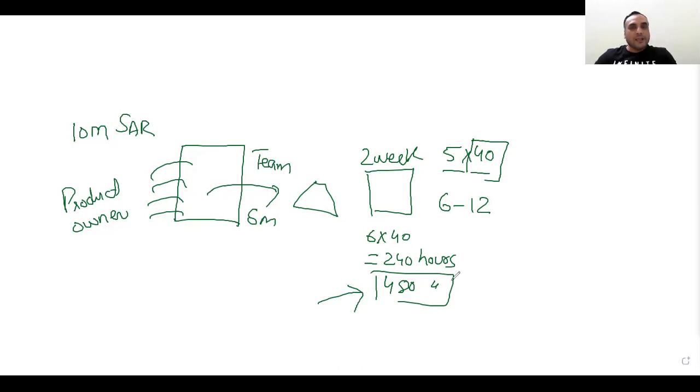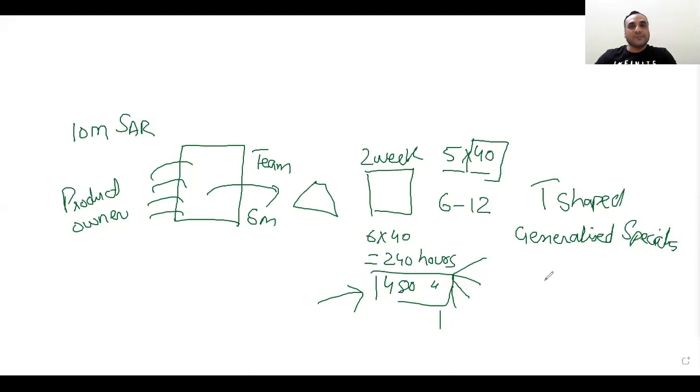But when I say 480 hours, it means there are 6 members, and we say the agile team should be a T-shaped team. T-shaped means generalizing specialist, not all subject matter experts, which means you can do one task as a subject matter expert, but you can also do other tasks.